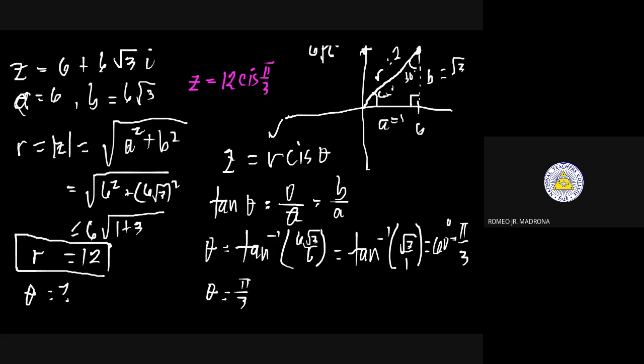Ayan. So, eto na, class, yung polar form natin na pangtamad. Okay? Nakuha ba, guys? So, therefore, 12 cosine pi over 3 plus i sine pi over 3.